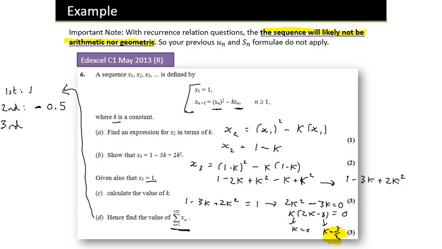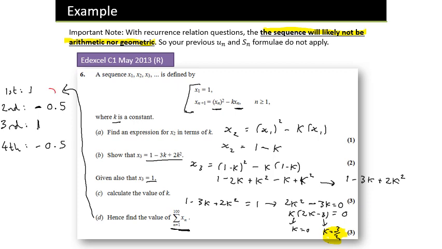Now let's work out the third term. To work out the third term, you can just substitute k equals 1.5 into this, which is 1. And if you calculated the fourth term using the recurrence relation, you get minus 0.5. And so what you will see is that this sequence is going to repeat.